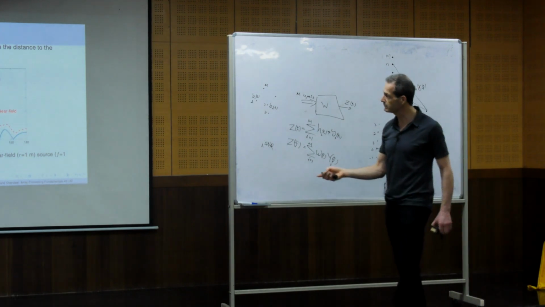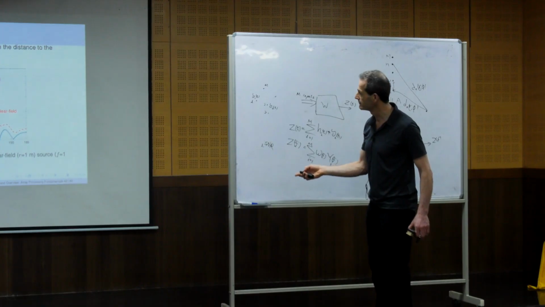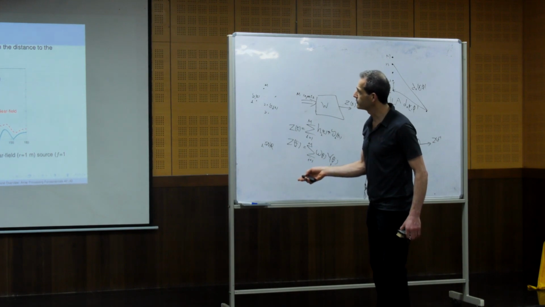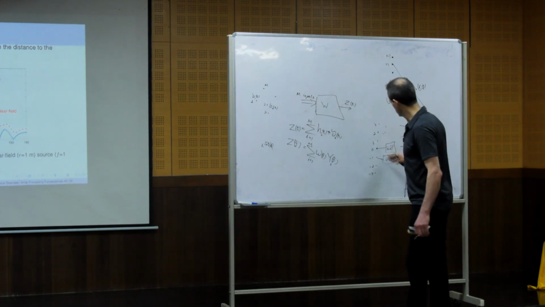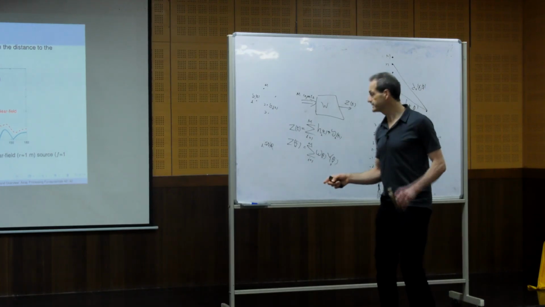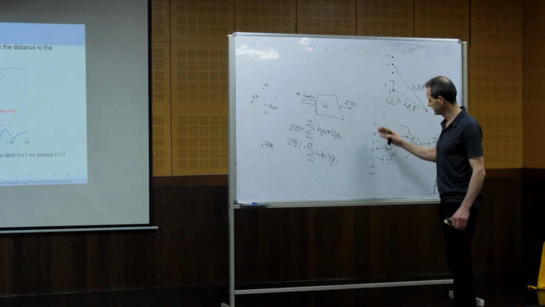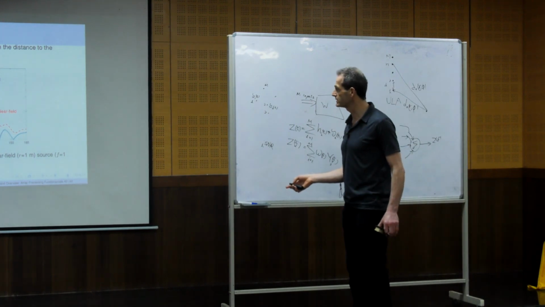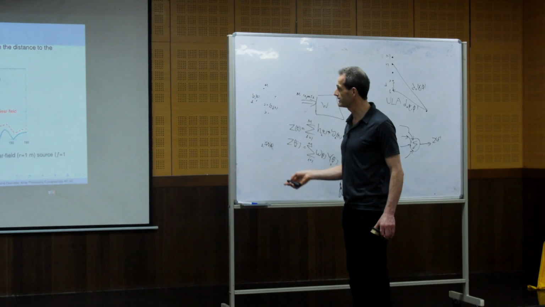That's why the maximum is at 90 degrees. We can normalize it to 1. For certain directions, the summation cancels out because the signals have different delays, so for certain directions it may be 0, and for some directions it's much smaller than at 90 degrees.